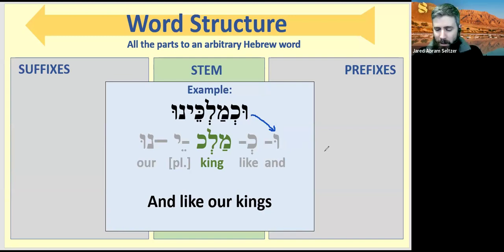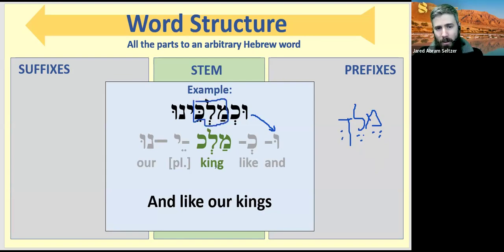If you've seen my Segolate video, malk is probably the original form of what we better recognize as melech. The segols are invented. They are not original. Malk is the original form, and in this construct form, you get to see it.